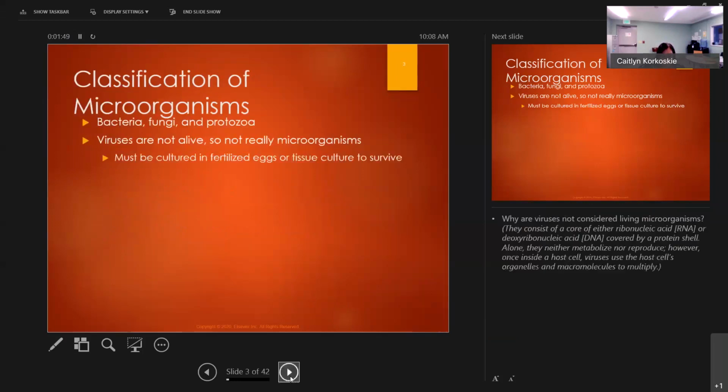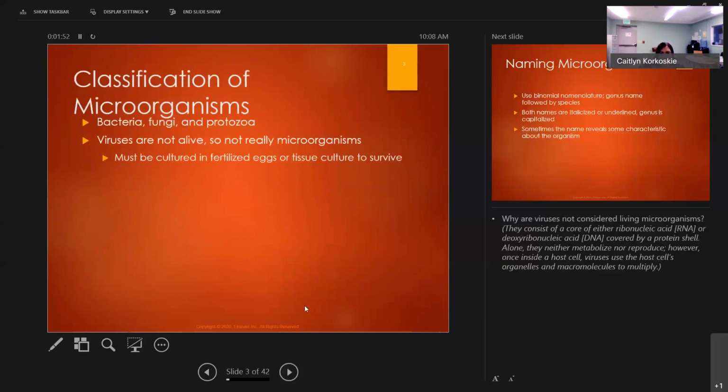So, the different classifications of microorganisms. You have bacteria, fungi, and protozoa. Viruses are not alive, so they're not technically considered microorganisms, because they don't stay alive on their own. They need a host to attach to. They must be cultured in a fertilized egg or tissue culture to survive.